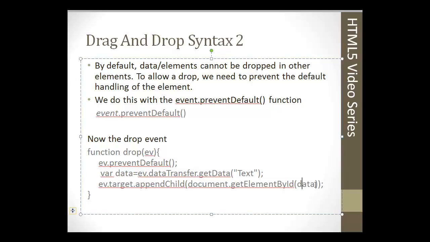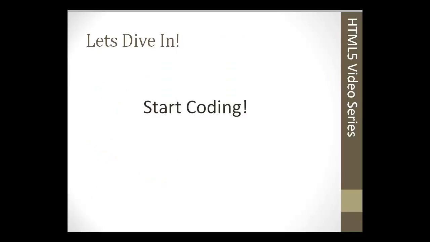So it's getting the ID from data, and it's appending the child. That will actually do the drop, so we'll be able to drag something and drop it in. This will be a lot easier to show you when I'm actually doing it. It's kind of hard to convey this code to you in English. So with that said, let's dive in and start coding.